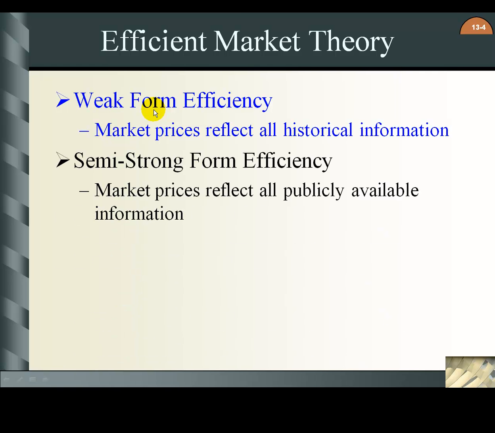Then the second part is what we call the semi-strong form efficiency. It says that market prices reflect all publicly available information. So in the second form, it's not just historical information. It could be current information.